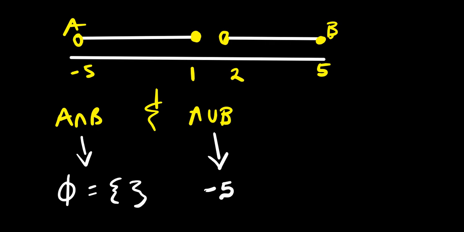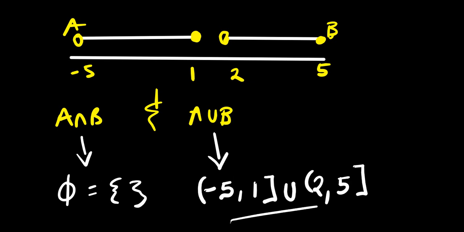Now -5 is not included, so comma 1. Is 1 included? Yes, so you close like that. Now you're uniting this with B. B starts from 2 and goes all the way to 5. Is 5 included? Yes, you close. So this will be the solution for that expression.